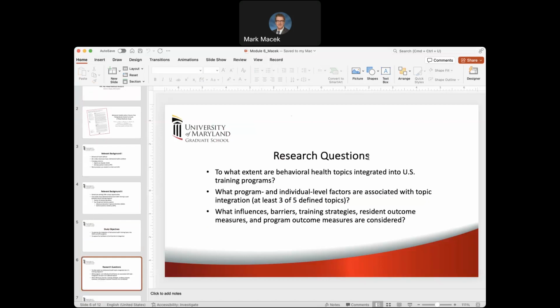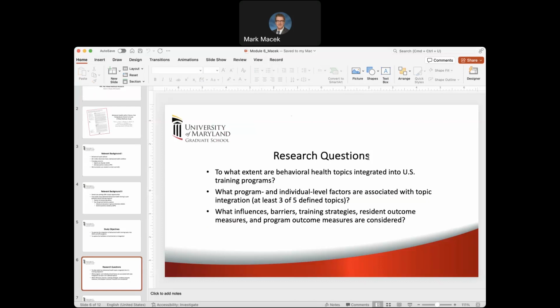The authors employed a mixed methods approach to answer the following research questions. First, to what extent are behavioral health topics integrated into U.S. training programs? Second, what program and individual level factors are associated with behavioral health curriculum integration?